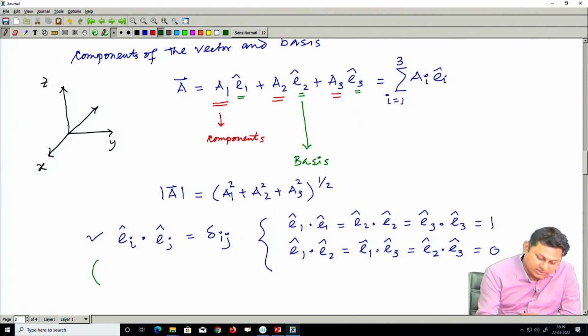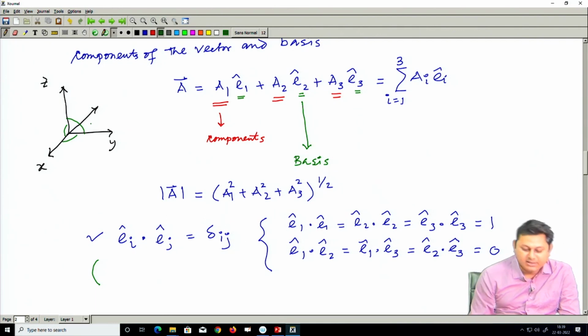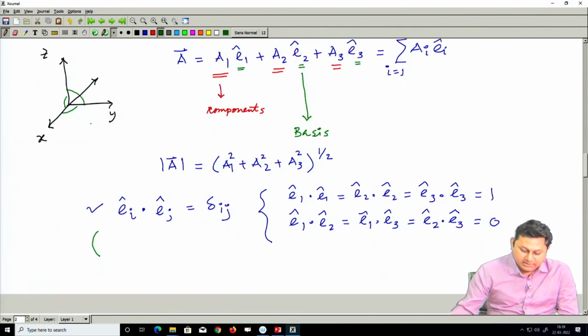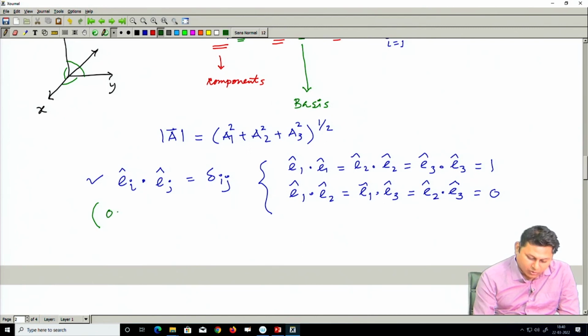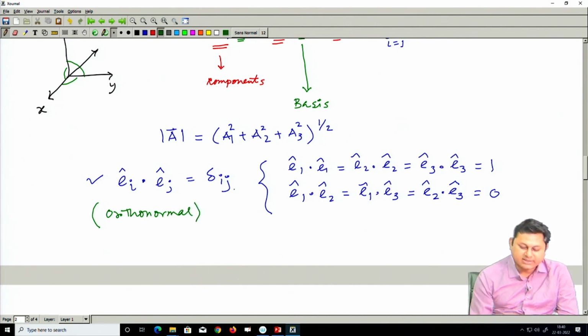They are perpendicular to each other, that means this angle and this angle are 90 degrees, and the unit vectors E1, E2 have the value 1, that is why it is called a unit vector. So, this is called the orthonormal basis. Orthonormal. So, this is the orthonormality condition.